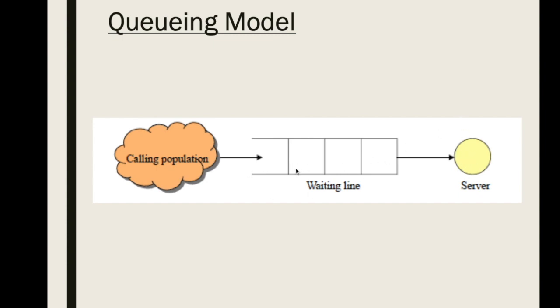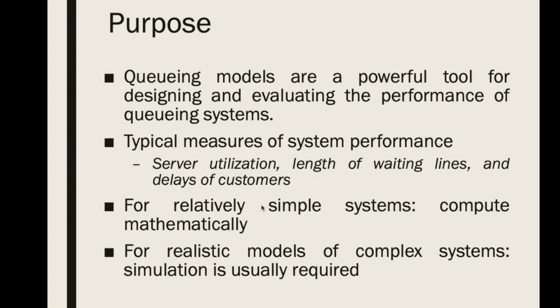What is the average length of the queue if there are two servers? What is the average length if there are three servers, and so on. And if the length increases, the waiting time of this population will increase, and then the customer may not be very interested in joining that particular queue, and in a business that means losing business, and so on.